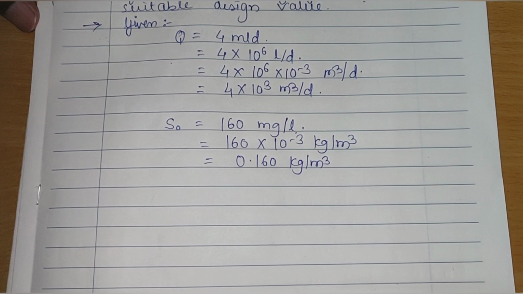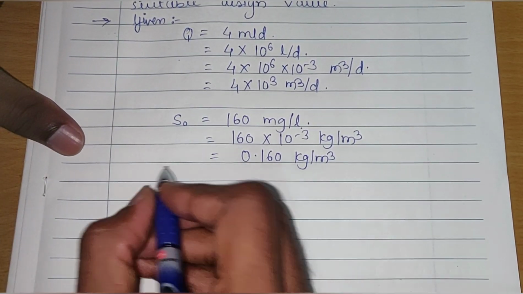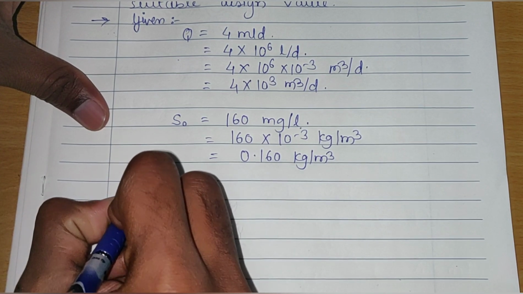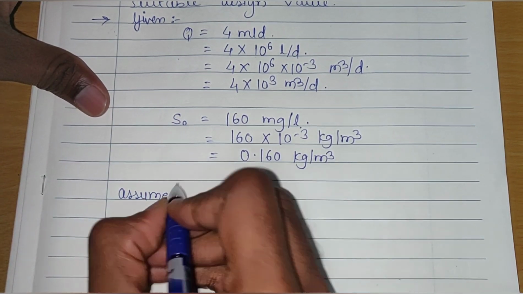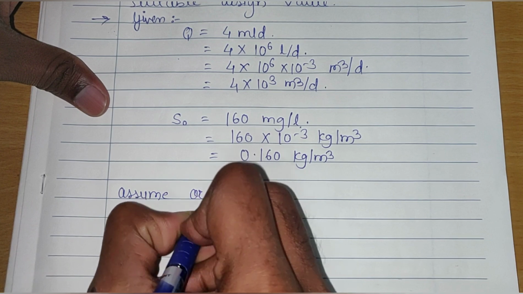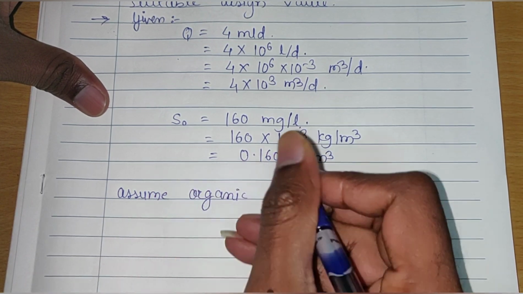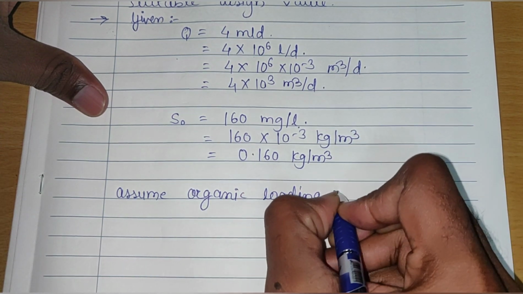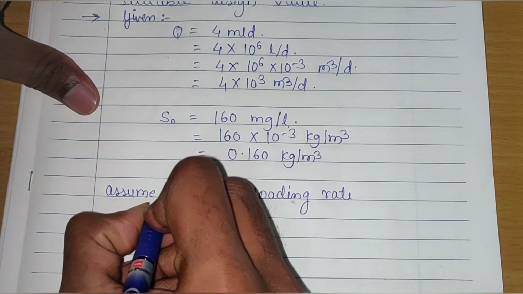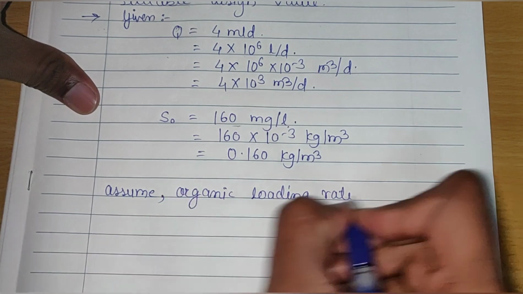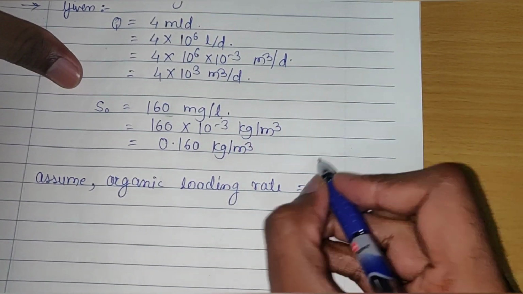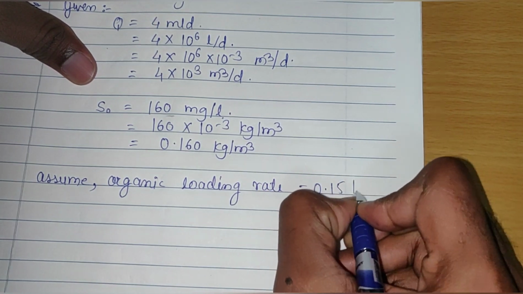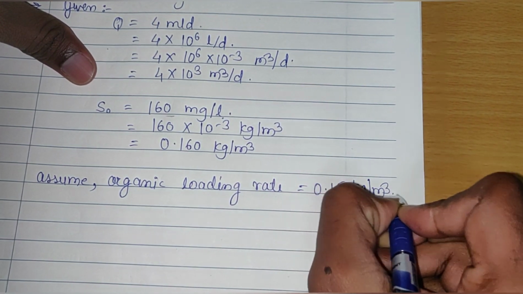So let's start with the actual design. First we have to assume the organic loading rate. Assume organic loading rate is equal to 0.15 kg per meter cube per day.